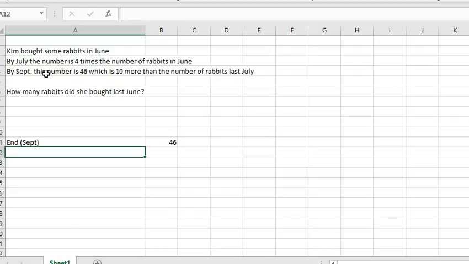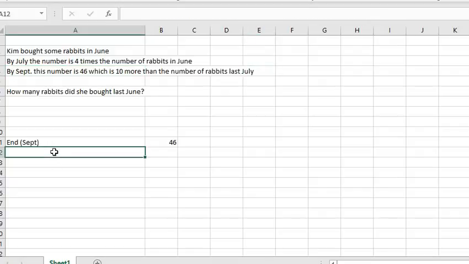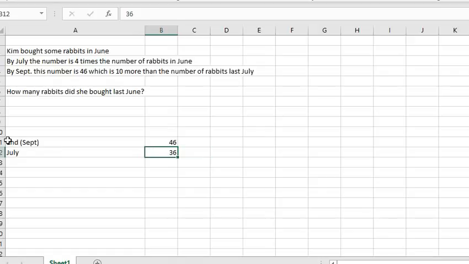And then this sentence here, this is the first step. The number in September, which is 46, is 10 more than the number of rabbits in July. So meaning, at the end of July, the number is 36, which is 10 less than the number in September.